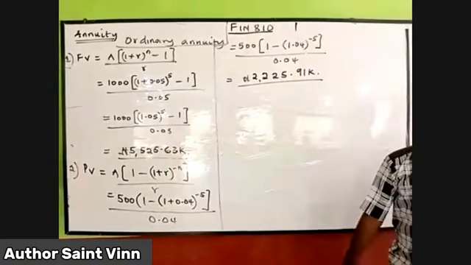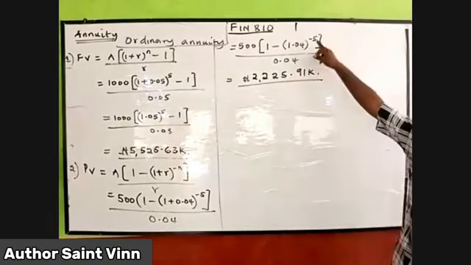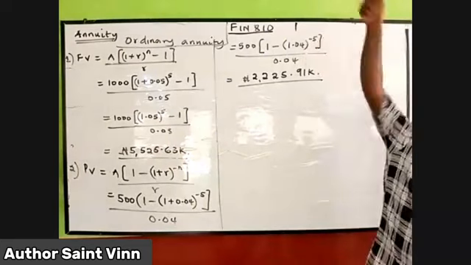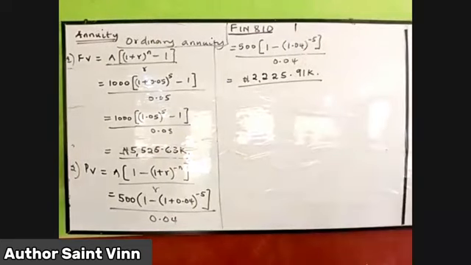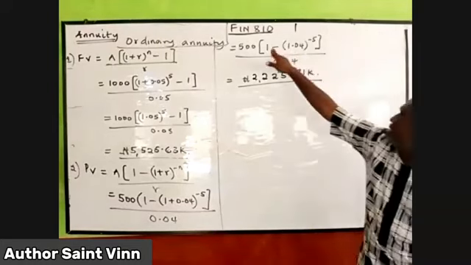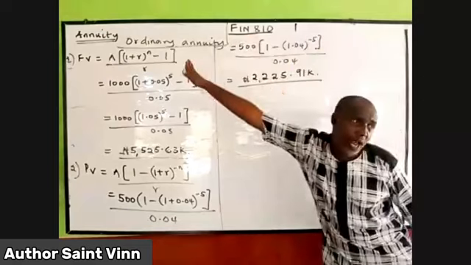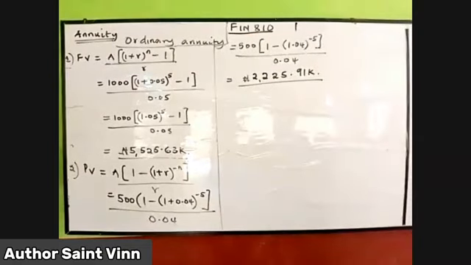That power is minus 5, raised to power minus 5. Okay, you get the same answer now? This minus this times 500 divided by. You get the same answer. Mathematicians are not liars.